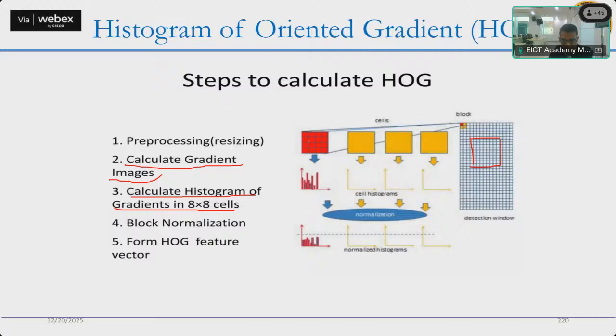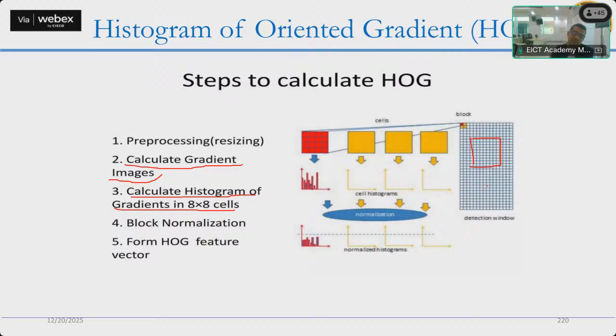So it has been shown here. For example, some block has been taken here. After this block, see here, the different gradients are plotted on the x-axis, and here the count is there. Then we calculate the histogram of gradients, and then we take this 8 by 8 cell across the image.